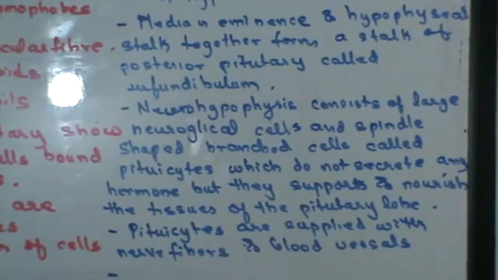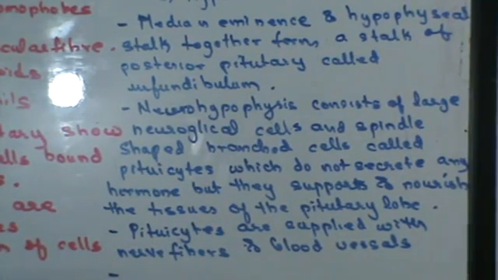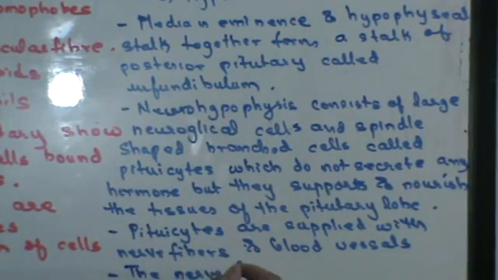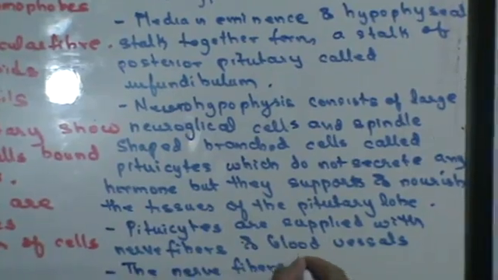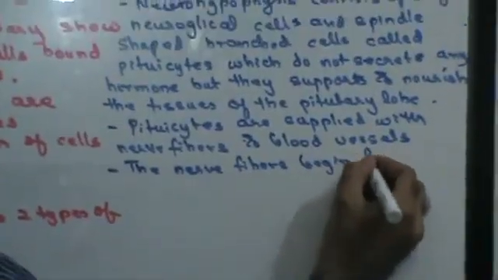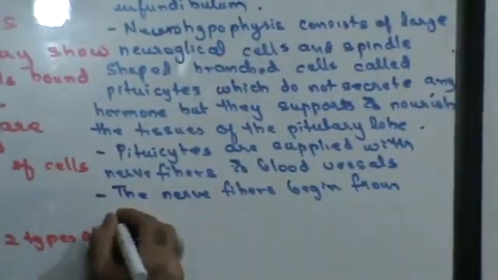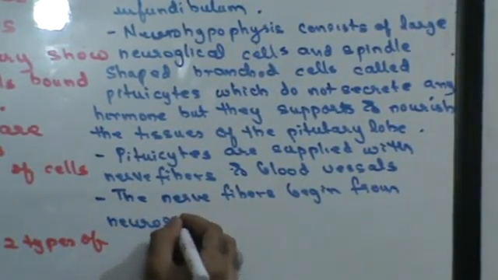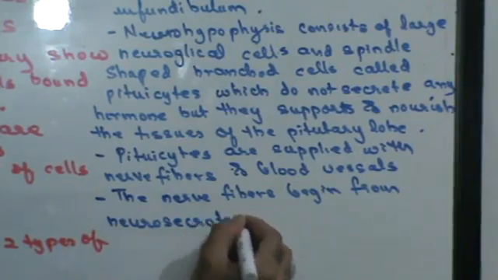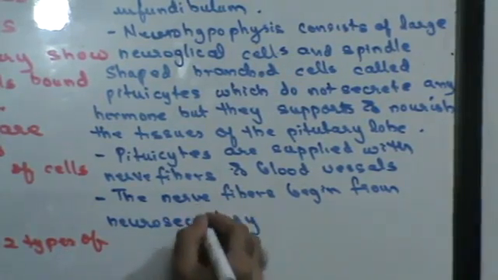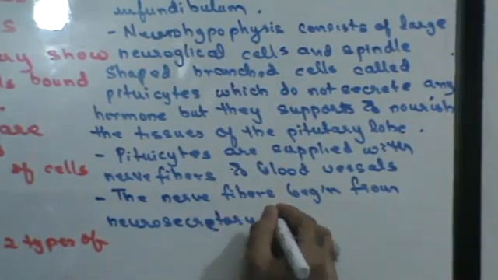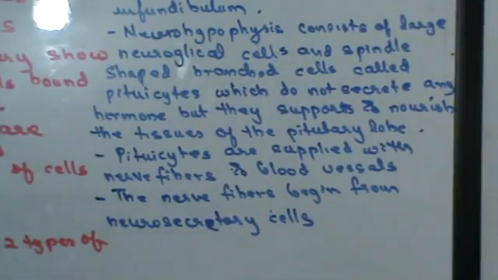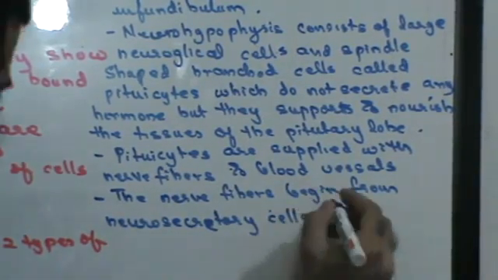The nerve fibers begin from neurosecretory cells in the hypothalamus of the brain.